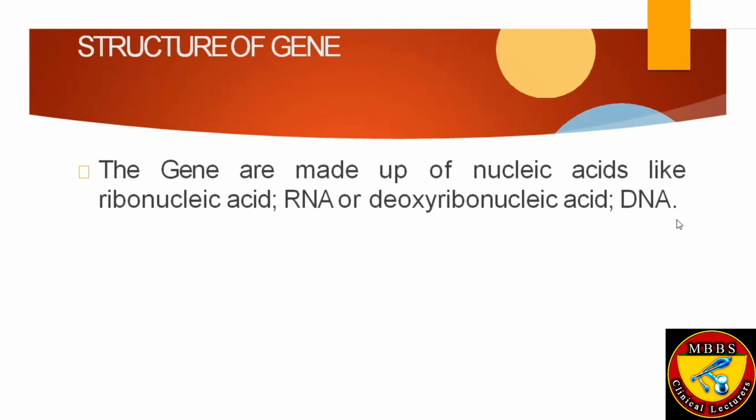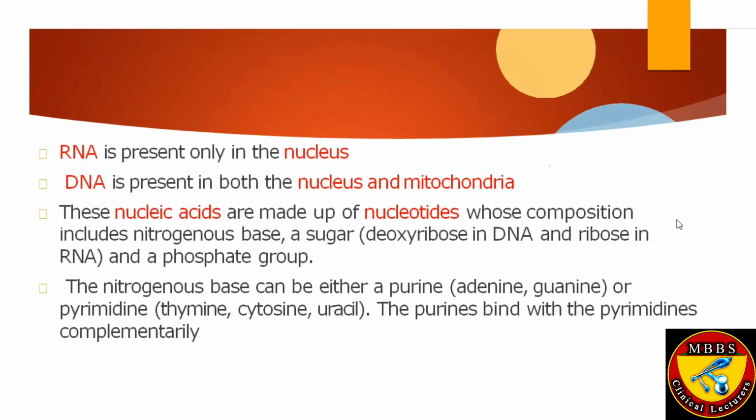As we all know, genes are made up of nucleic acids, DNA and RNA. RNA is present in the nucleus, but DNA is present both in the nucleus as well as in mitochondria. These nucleic acids are made up of nucleotides, whose composition includes a nitrogen base, a sugar, deoxyribose in DNA and ribose in RNA, and a phosphate group.